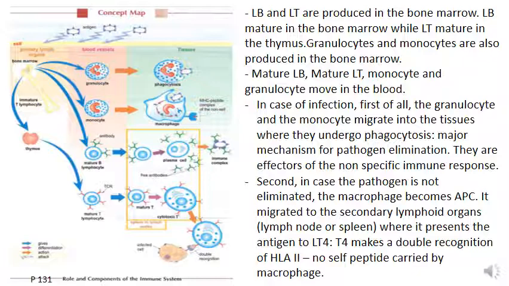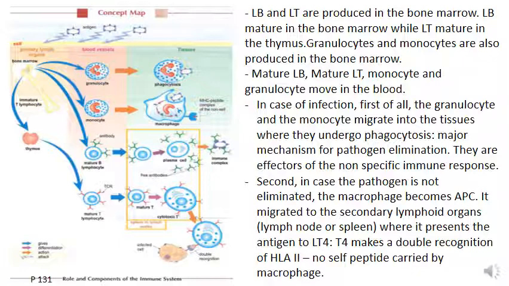LB mature also in the bone marrow, while LT are still immature. They move into the thymus where they become mature. Okay? Now, these mature LB and mature LT, the monocyte and the granulocyte, they move into the blood vessels.